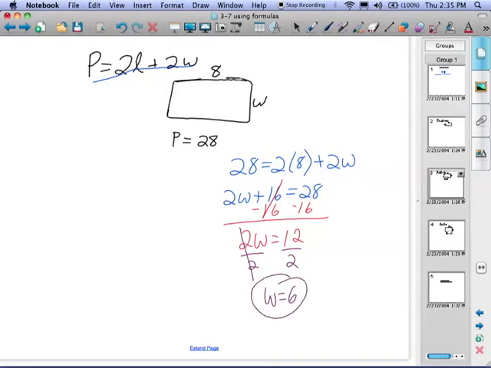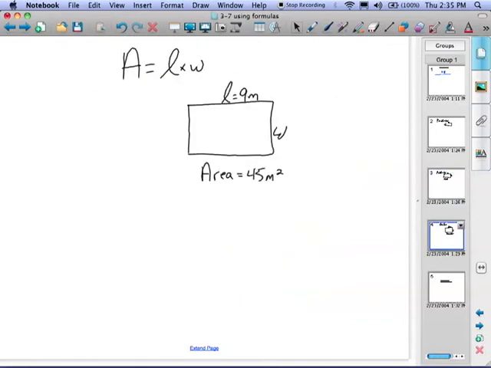This is another way that you're going to have to use the perimeter formula. It's no longer going to be easy like it was when you were wee little kiddies. Now we're going to start changing up which bits of information you have been given. Here we have an area problem because area is length times width. We are given 9 for the length. We're not told what the width is, and we're told the area is 45 meters squared.